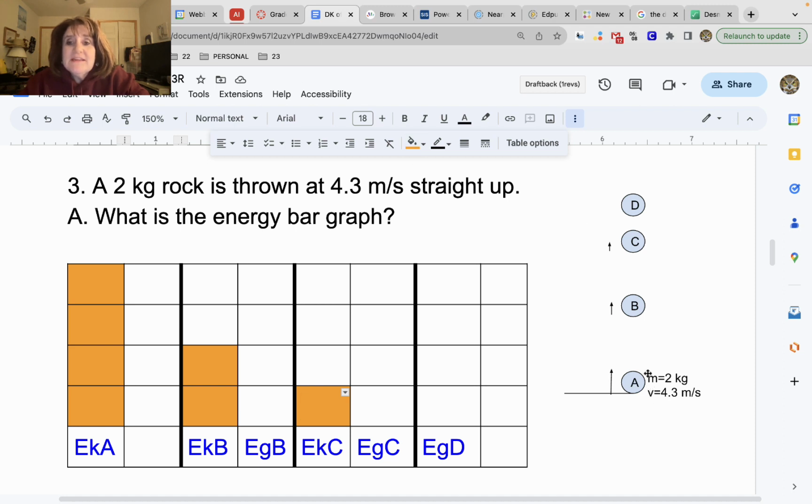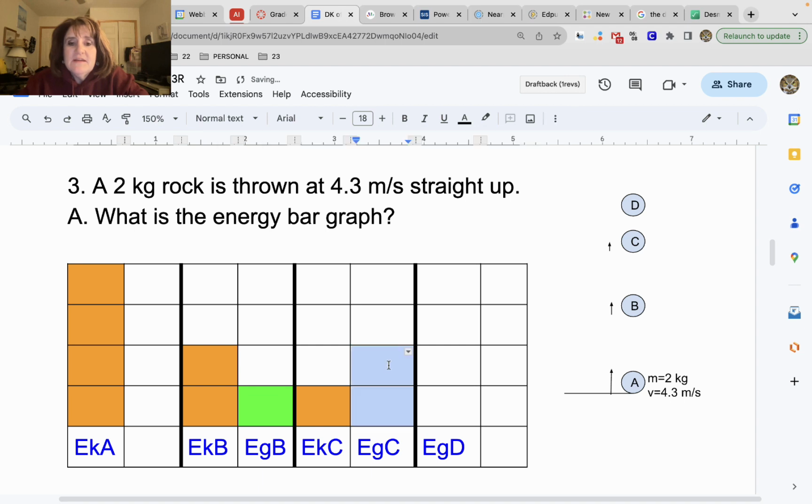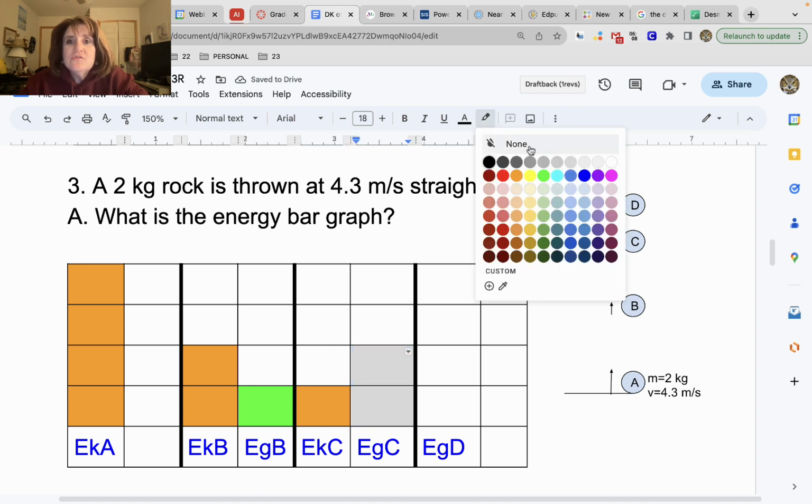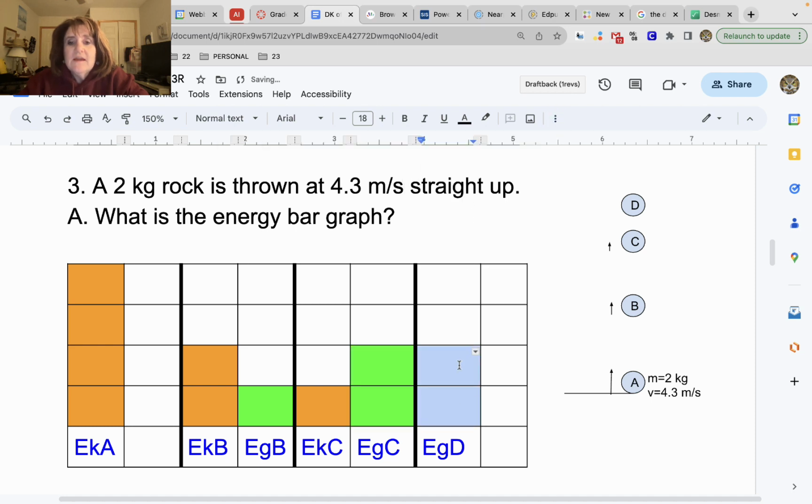My Egs, the ball is getting higher in the air, so my Egs are going to increase. So maybe I start with 1 Eg and then 2 Eg and then 4 Eg.